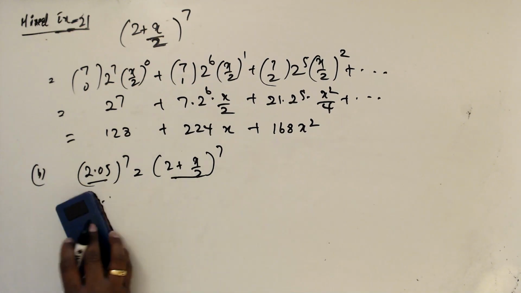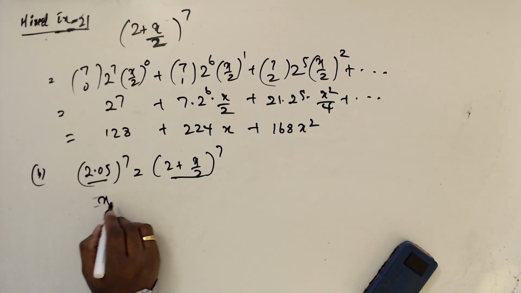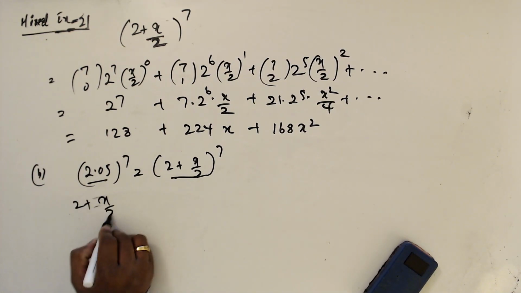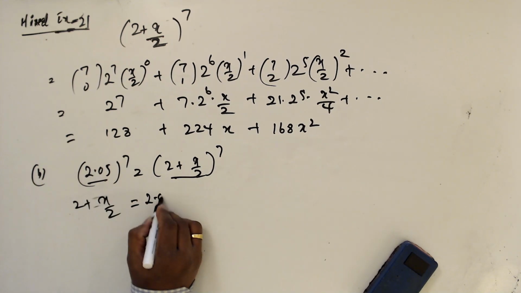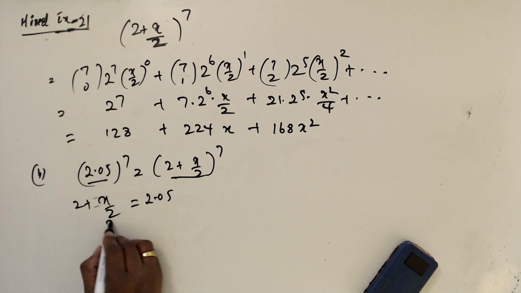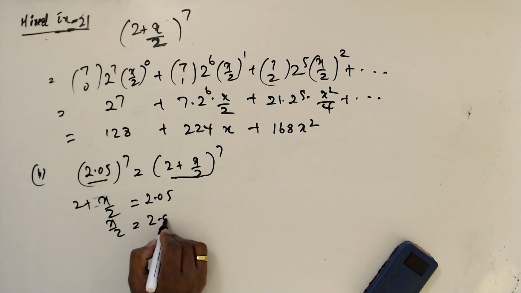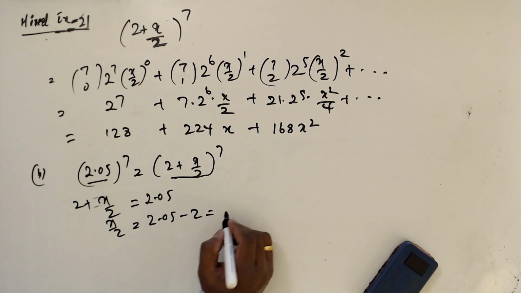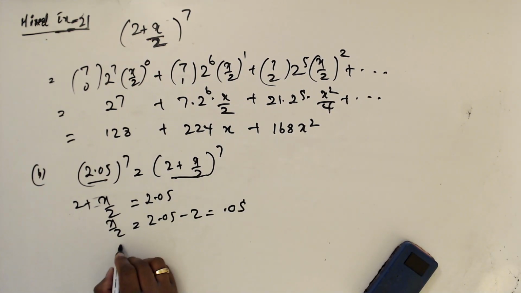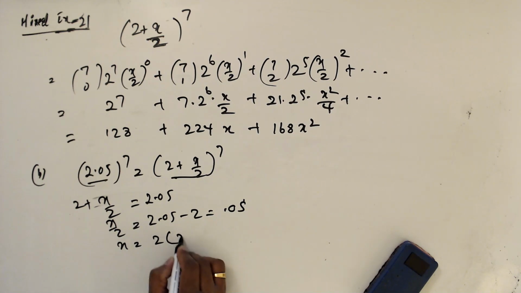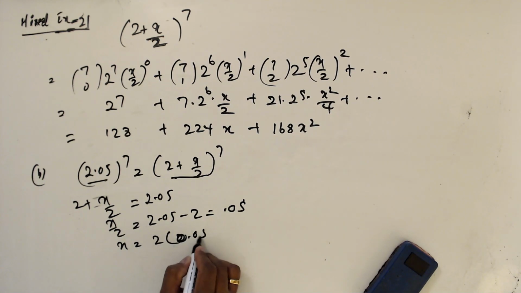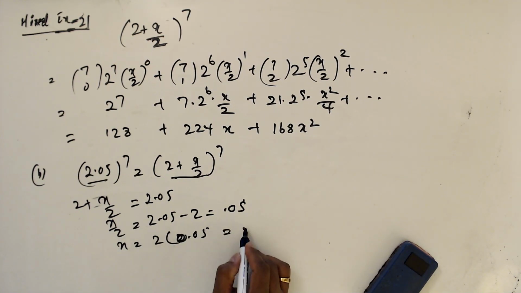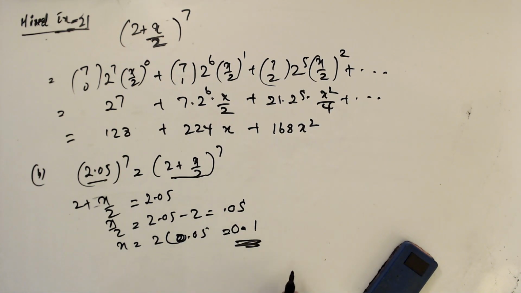I'll write this one first. 2 plus x over 2 equals 2.05. So x over 2 equals 2.05 minus 2, which is 0.05. So x equals 2 times 0.05. It's going to be 0.1. So we'll substitute 0.1 now.